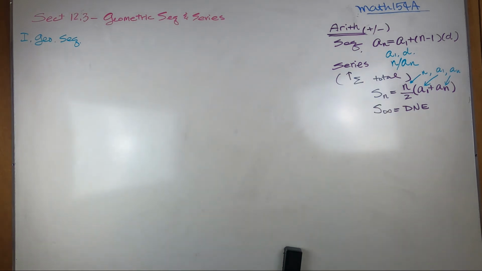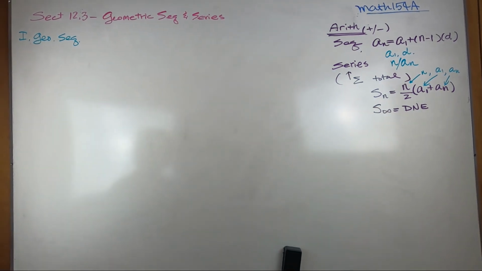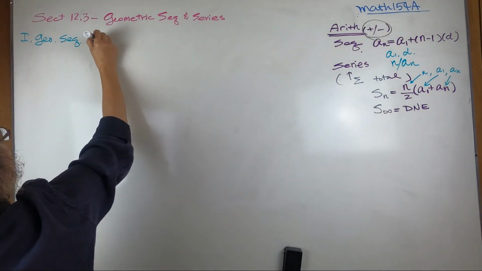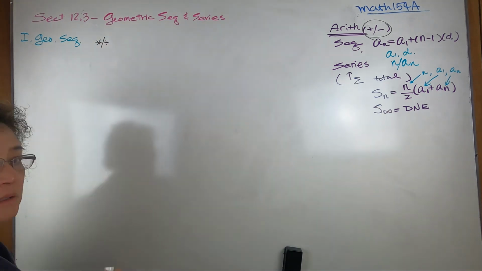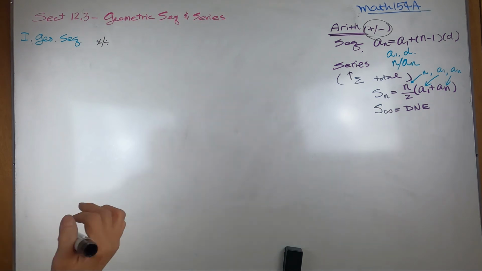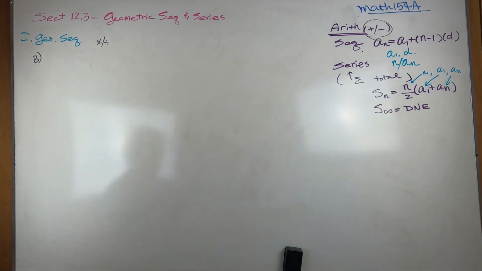So that will be your arithmetic sequence. How about a geometric sequence? What are we talking about? Instead of add and subtract, we are going to multiply and divide to get the next number. Let's see how we use the notation and the definition to describe it.